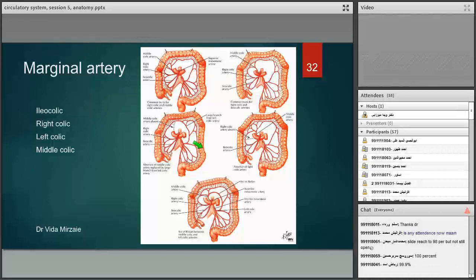So this marginal artery around the colon has many important roles in the clinics for supplying the blood for the colon, each part of the colon. And it is formed by ileocolic, right colic, middle colic, and left colic arteries of superior and inferior mesenterics.